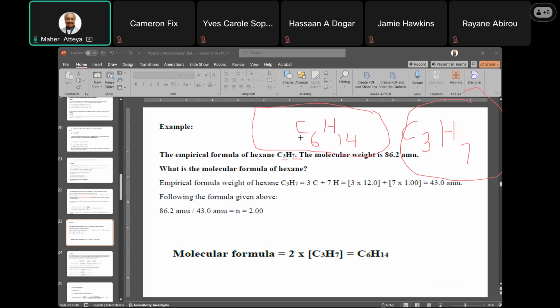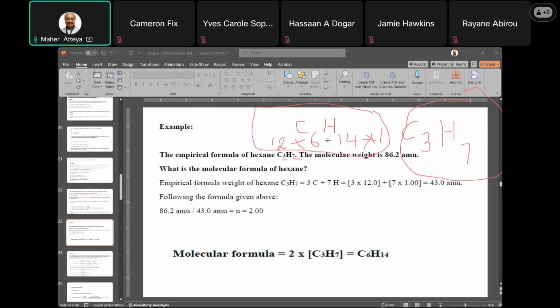But we have to calculate it to see that it's really true. We can multiply 6 by 12 gram per mole, that's the atomic mass of carbon, and 14 multiplied by 1 gram per mole. But we want to see if we can get this calculated.